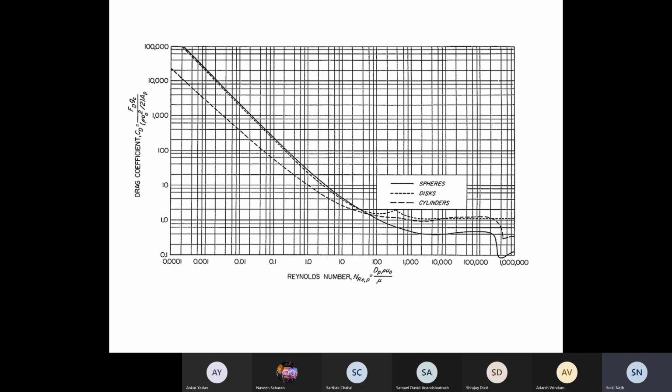We know the relationship of CD with RE at every RE, right? The numerical values are available for the drag coefficient at each Reynolds number, because they are plotted as a function of Reynolds number over a very large range.